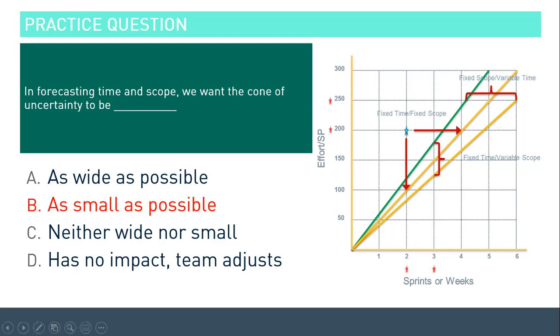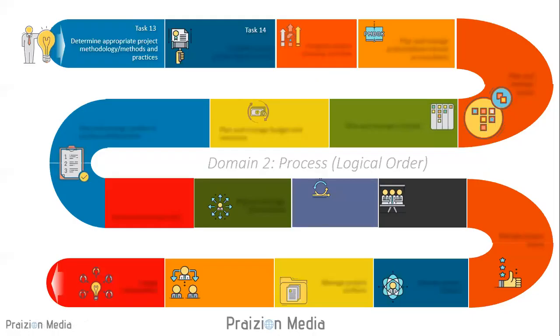All right, let's jump back into our discussion about the process domain. Going back to our sub-framework for the process domain, you need to be aware of the logical order of occurrence. And the first thing is determine appropriate project methodology, methods, and practices. And it's here we talk about practices such as what I just showed you, estimating, budgeting, stakeholder engagement, and stuff like that.